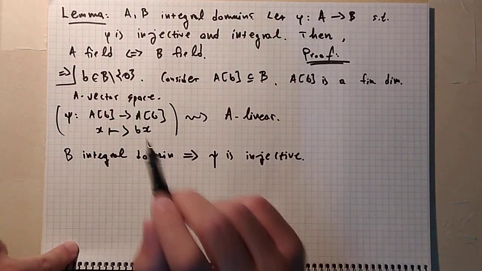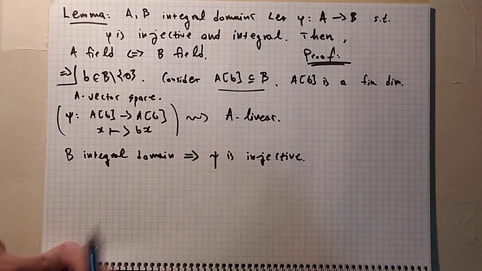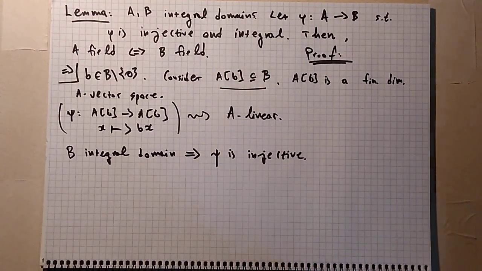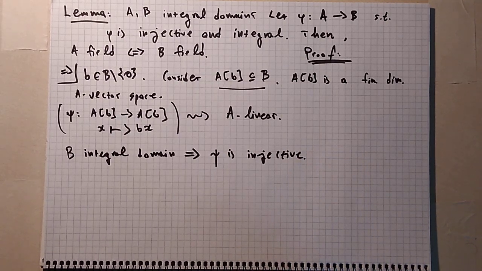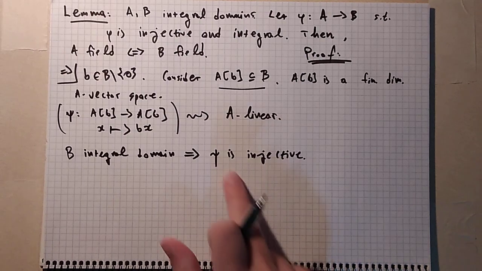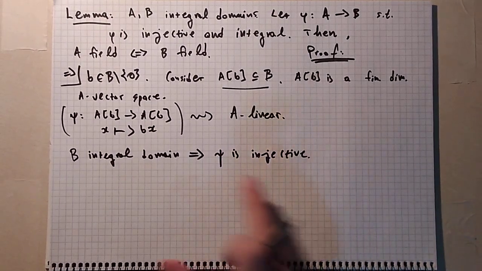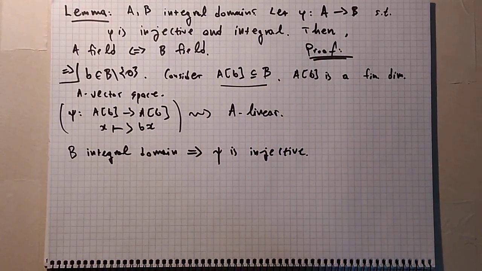But as we already said, this is a subset of B, which means that this is simply an equation inside B, and since B is an integral domain, we must have either that b is equal to 0 or that x is equal to 0. But by assumption, b is not 0. So x has to be 0, which implies that the kernel of the map is trivial, which is equivalent to the fact that psi is injective, right?